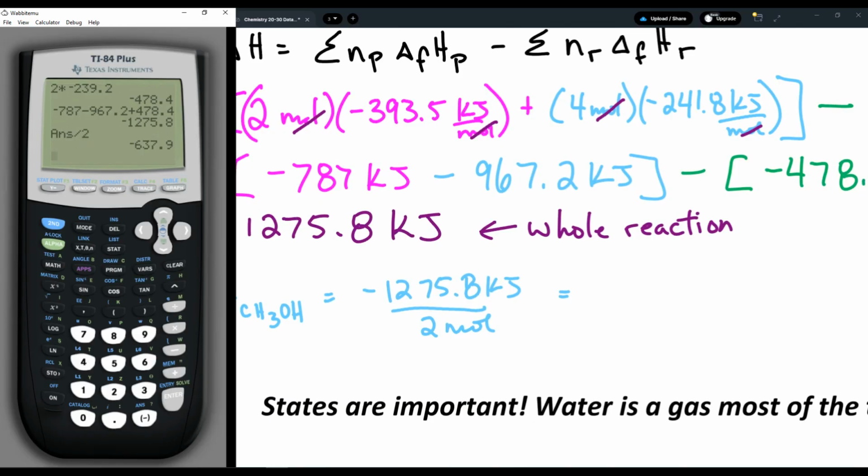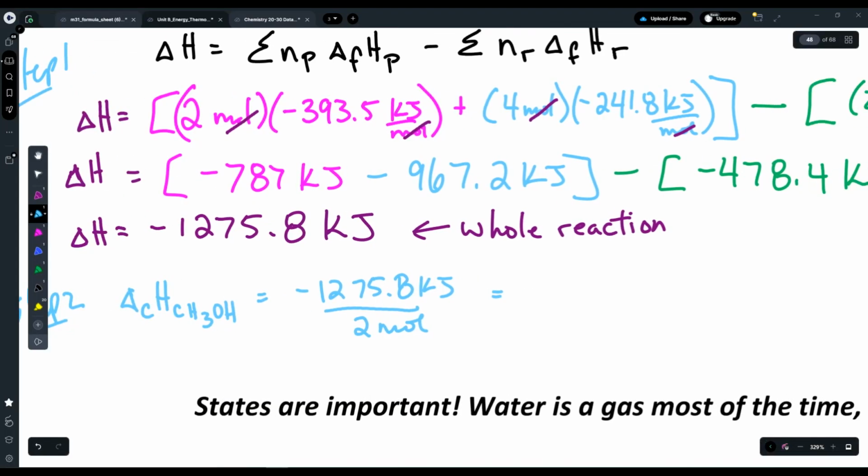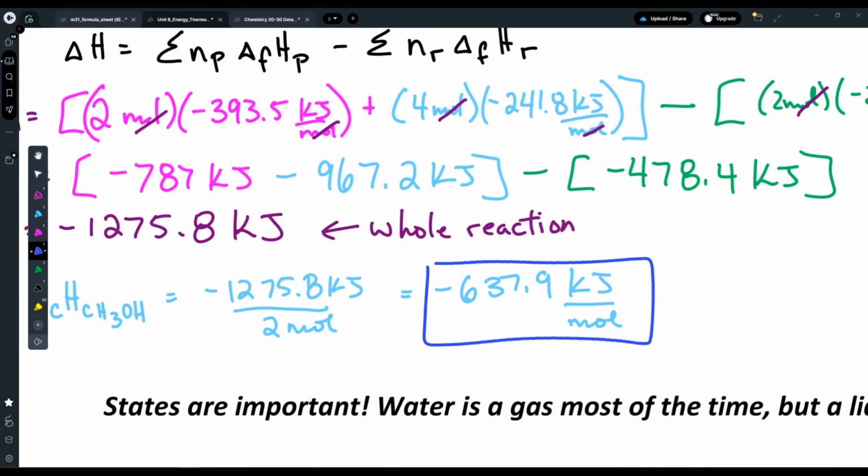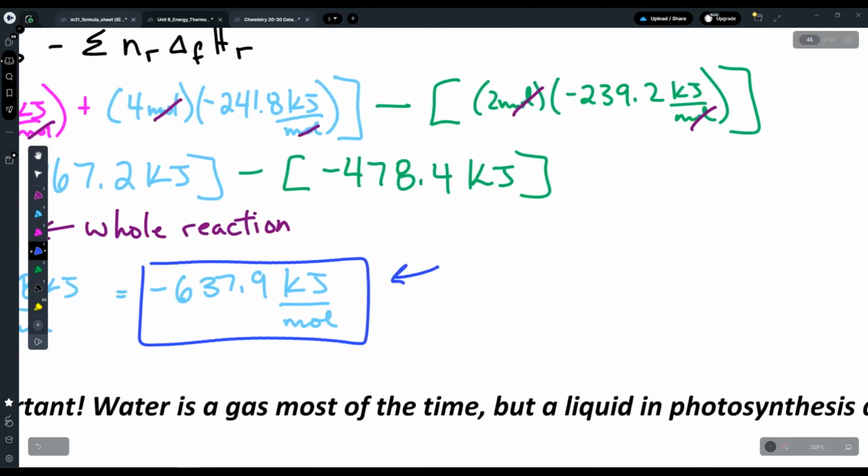So that's going to give us negative 637.9 kilojoules per mole. So this is specifically the molar enthalpy of combustion for methanol.